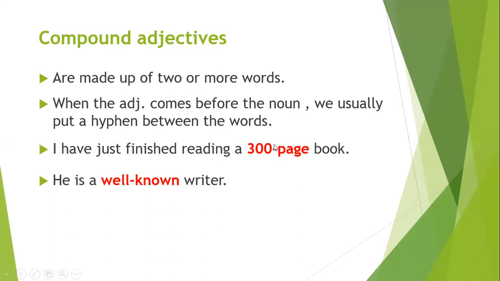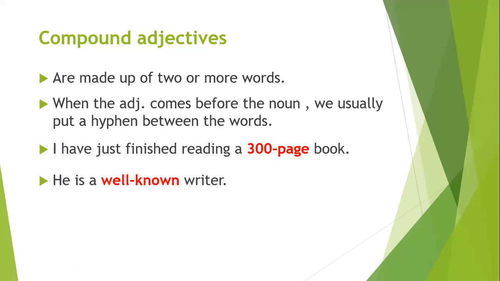We know what the job of adjectives in English is. They modify nouns, they describe nouns, they add information about the noun. So what kind of book or which book? We're talking about a 300-page book. Is it okay for me to delete the hyphen? It's not okay.